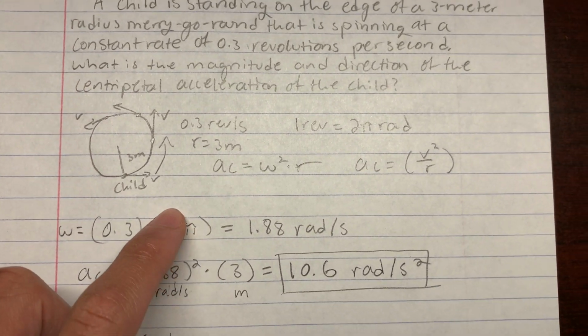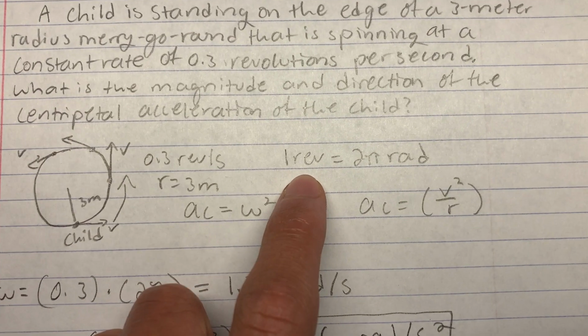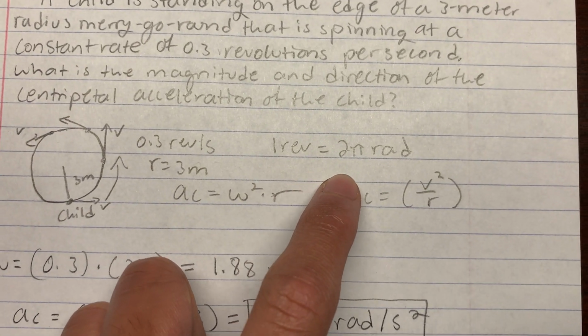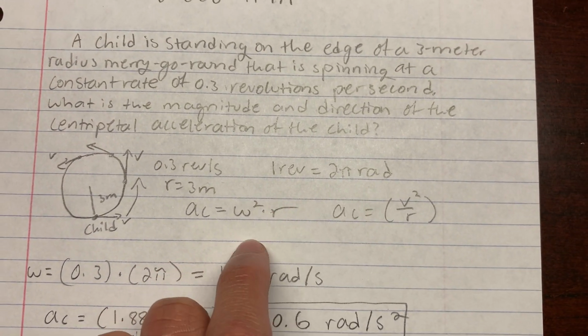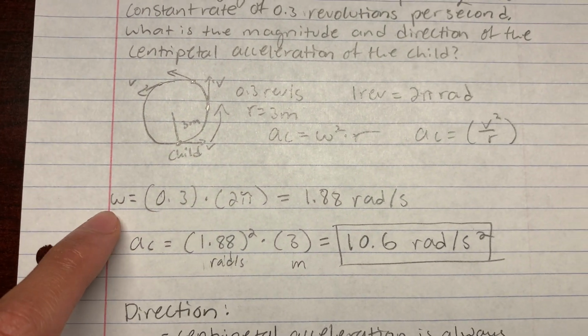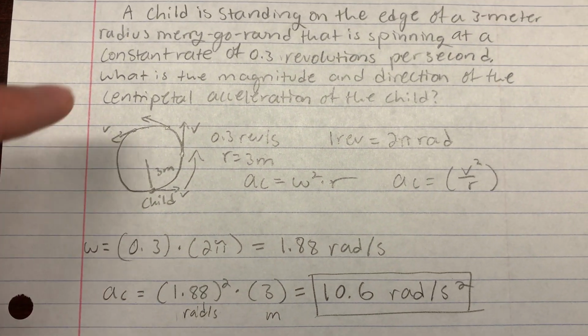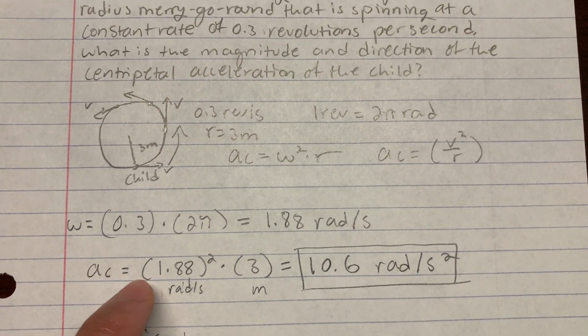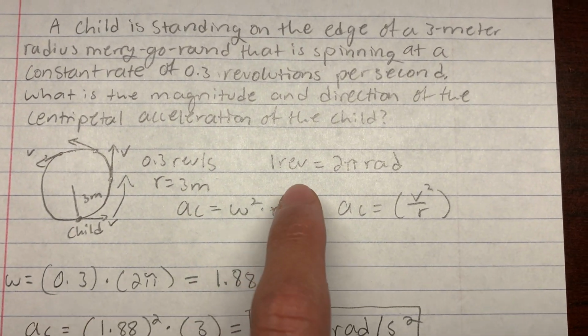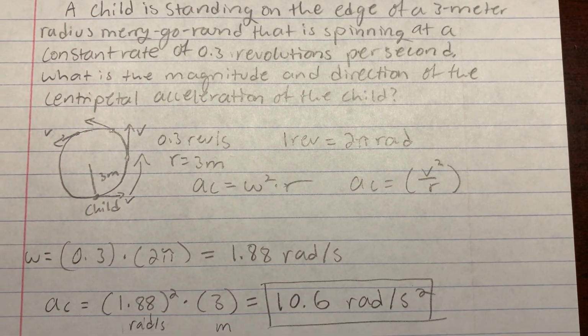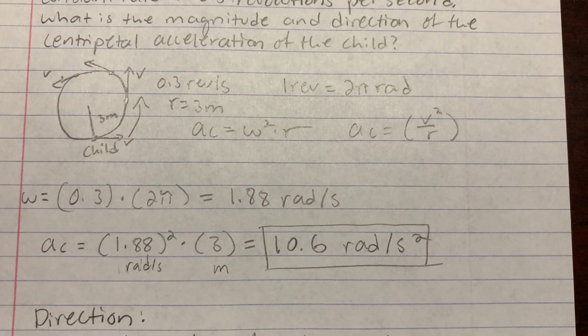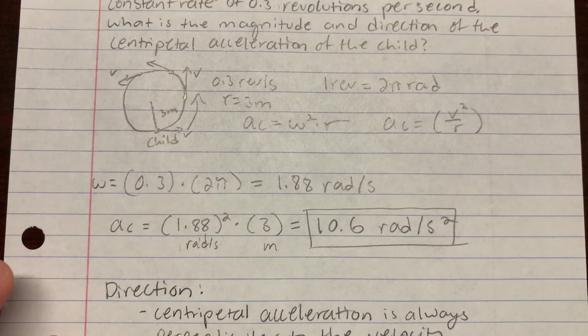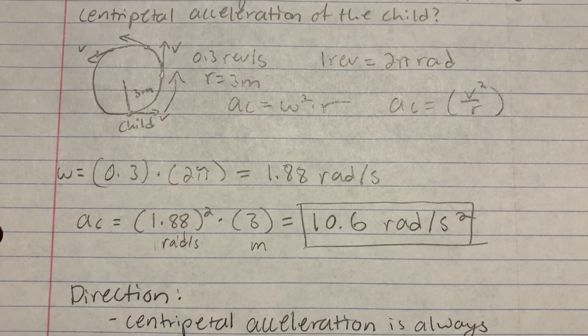To convert that, we know that 1 revolution is equivalent to 2 pi radians. So to find the angular velocity, we can do 0.3 revolutions per second multiplied by 2 pi radians to get 1.88 radians per second, and that is our angular velocity.